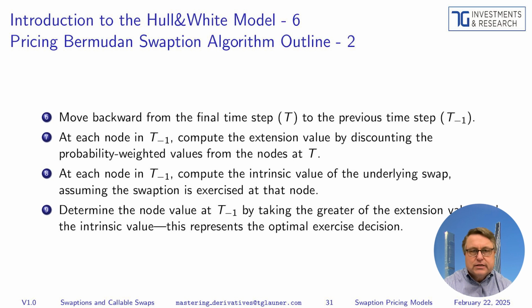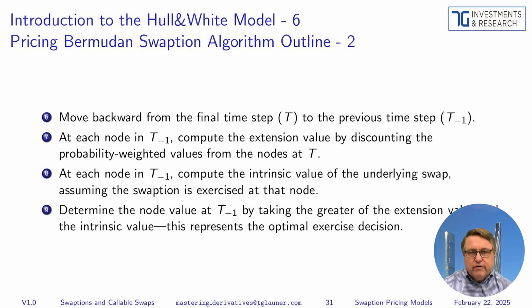In step 6, we apply backward induction through the trinomial tree. Start at the final step, capital T, and move back to T-1. At each node on T-1, calculate the extension value by discounting the probability-weighted values from nodes at time T to time T-1.